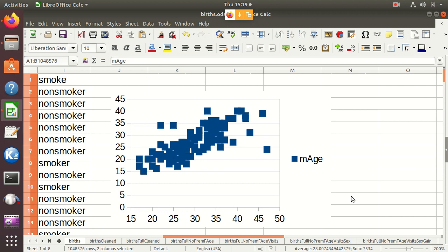But if the data were even more spread out than they are, at some point I might say, well, yeah, there is a dependency, but the variance is so high that maybe I ought to keep both variables in there. Okay, so you could say that. But here, I decided, okay, I'm going to just throw out the father's age and get rid of that column. So that was the first thing I did.